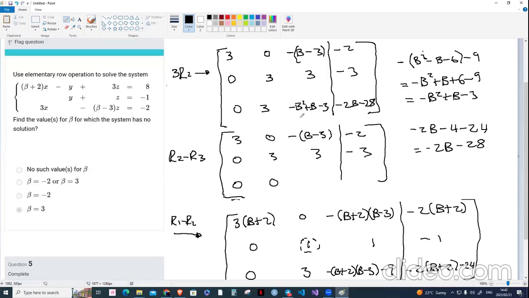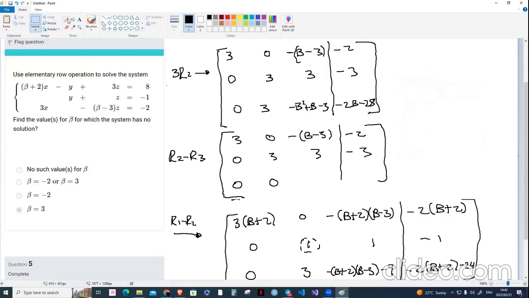And 3 minus this, let me show you how it will be. So it's 3 minus b plus b squared minus b plus 3, which is b squared minus b plus 6.